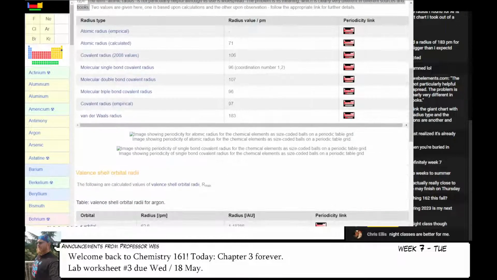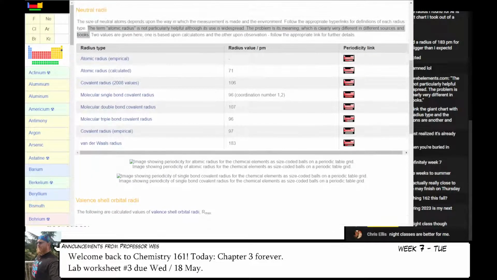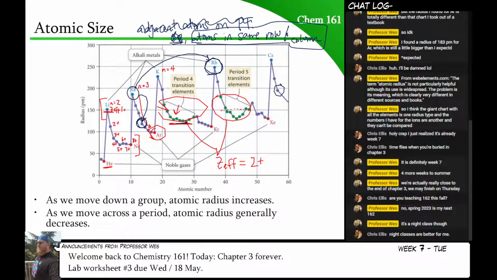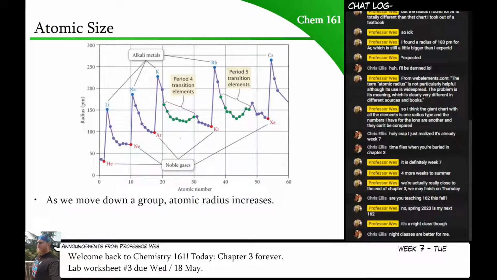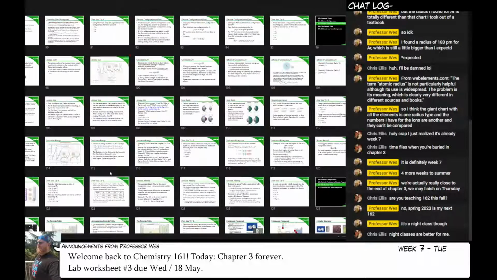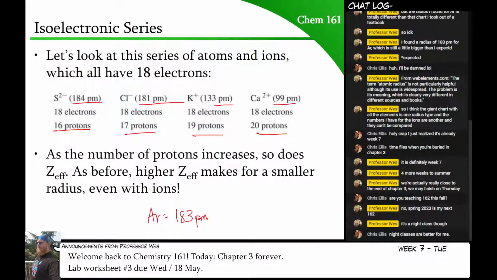He has a chart here of various radii, and you can see there are like 75 different ways to calculate this, none of which are 150, which surprised me. What I suspect is going on is that this chart, with all of my chicken scratch over it, let me erase all this, is using a different numbering set than this chart, because these numbers I was able to find for different elements.